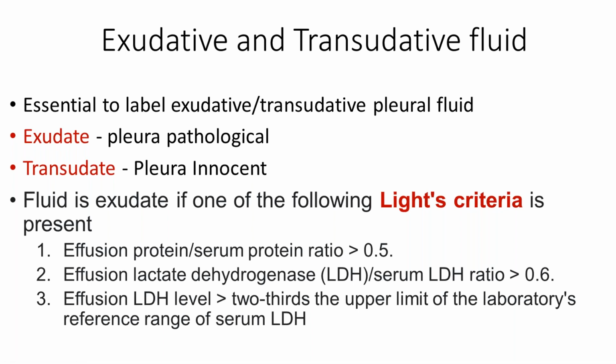I have seen that sometimes even a transudate becomes an exudate because they give diuretics, and diuretics give a false picture of exudate, and they do the aspiration. So you do not do the biopsy in a transudate.